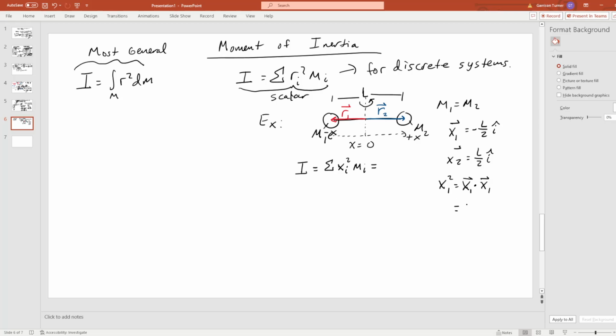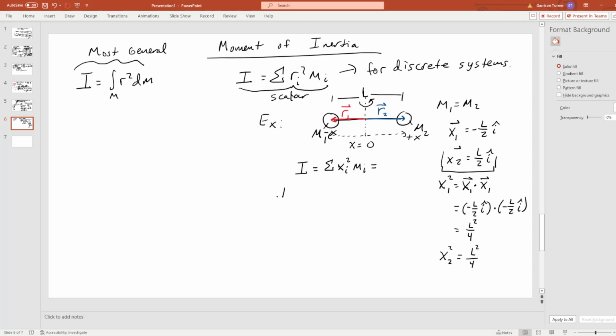So this is negative L over 2 i hat dotted into negative L over 2 i hat, which is L squared over 4. And x2 squared, by the same token, is also L squared over 4. You can prove that for yourself by doing the exact same thing with this vector right here.